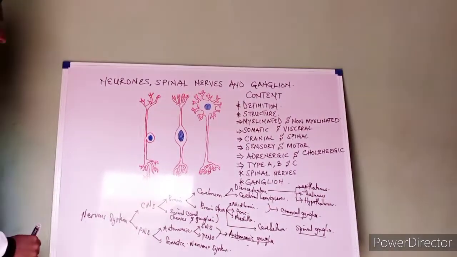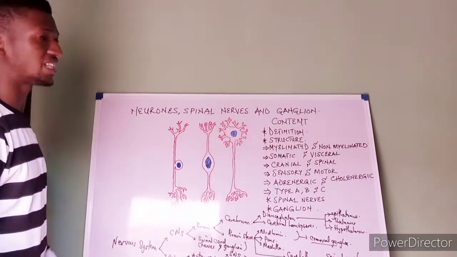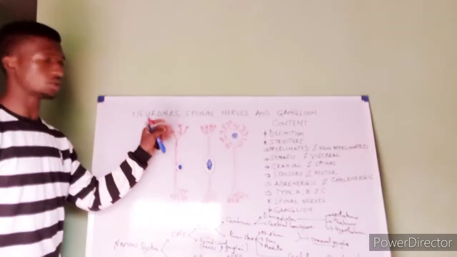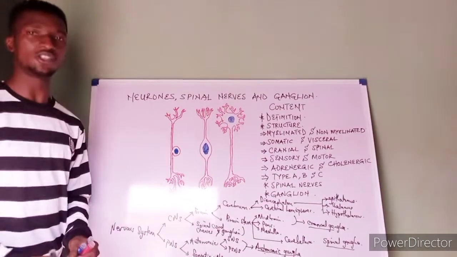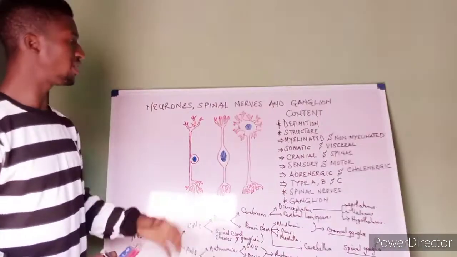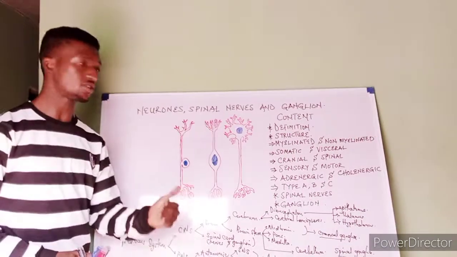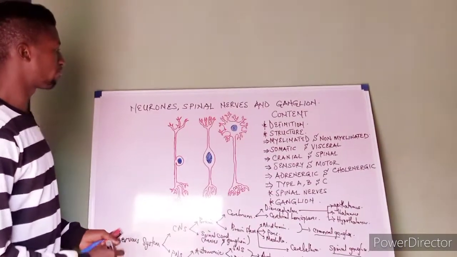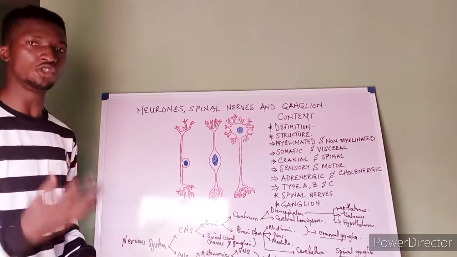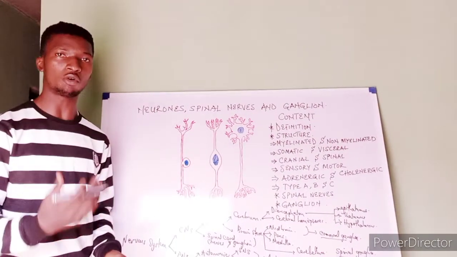Okay, let's come back to the nervous system, to neurons. What is a neuron? As defined earlier, a neuron is a structural and functional unit of the nervous system. The function of neurons is to relay impulses.